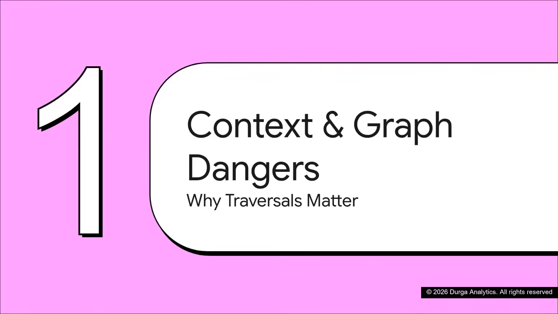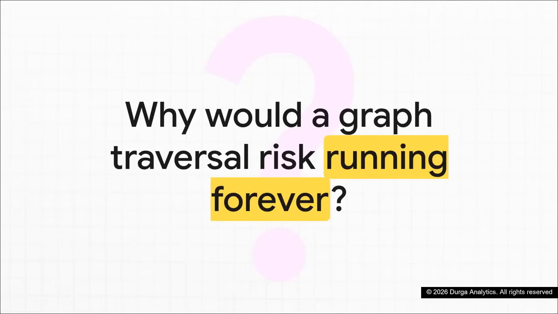Okay, Section 1, Context and Graph Dangers. So why would a graph traversal risk running forever? Well, think about exploring a standard tree structure for a second. It's got a clear root, it's got leaves, pretty straightforward, right? But when we ship graph algorithms into a production environment, we face a very unique danger.